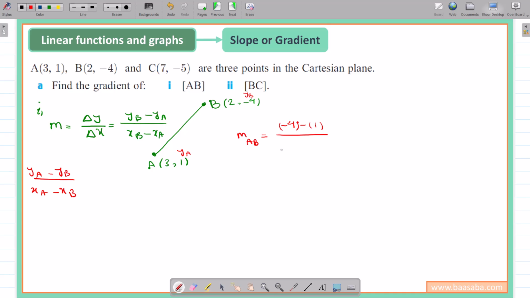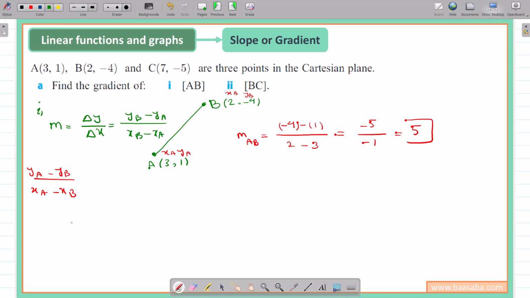And on the denominator, we have xB minus xA, which is 2 minus 3. So on the numerator, we have -5. On the denominator, we have -1. So the gradient of AB will be 5.